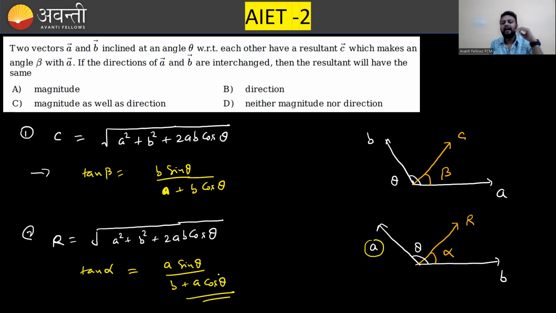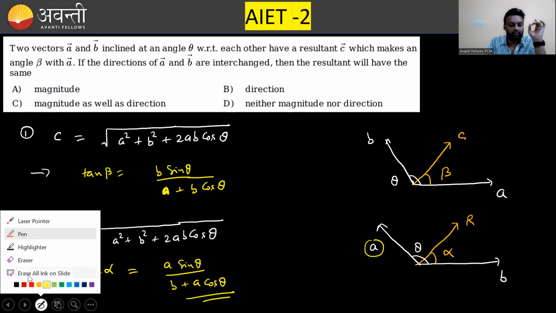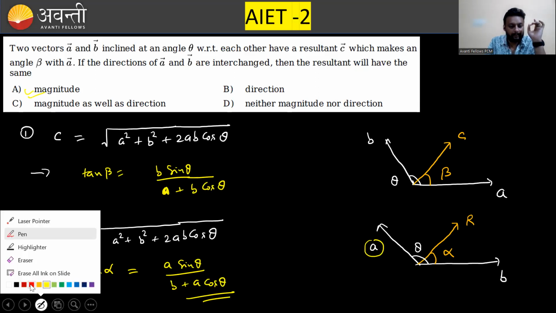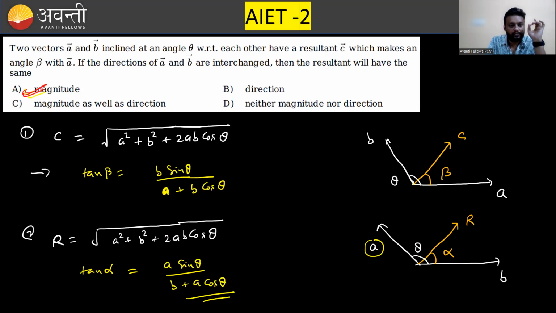So you can clearly see that the direction of the resultant changes from the horizontal direction, but the magnitude of the resultant is the same. So in this case, you can conclude that the magnitude will remain the same. So the correct option is option number A.